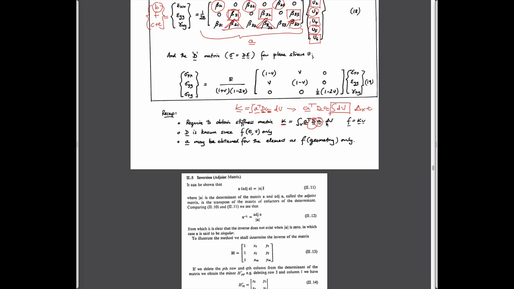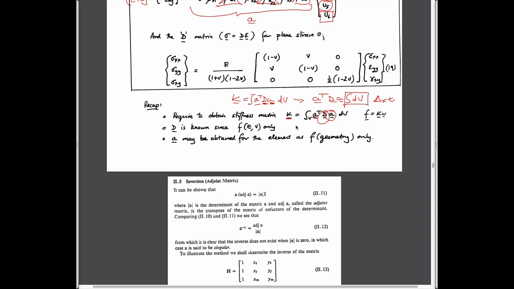And so it's very simple to do because we notice that we can take all of these terms outside the integration. So we don't have to worry about that. D is constant and A is constant as well. So that's useful, it makes it easy for us to assemble this.